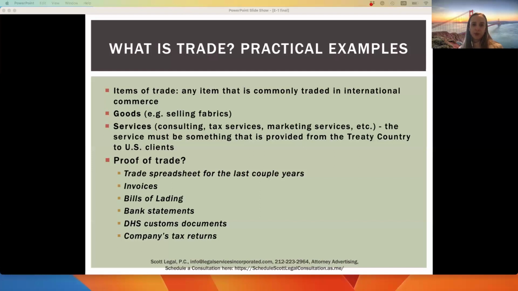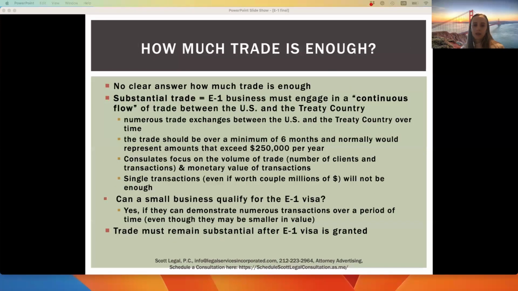Again, if you were importing goods to the US, we could submit DHS customs documents, again showing that the goods entered the US. And it's always good to submit your company's tax returns, that show that you were taking revenue from clients, and there is this ongoing trade already happening.